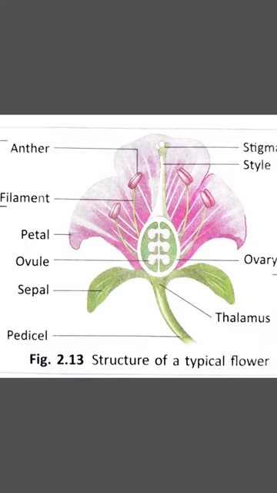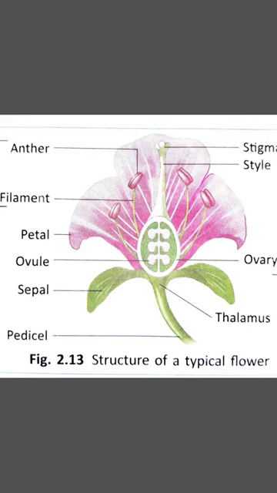Here, above the ovule, there is the petal, and petal is a single name. A group of petals is known as corolla. A single one we call a petal, but when we say corolla, we mean a group of petals.